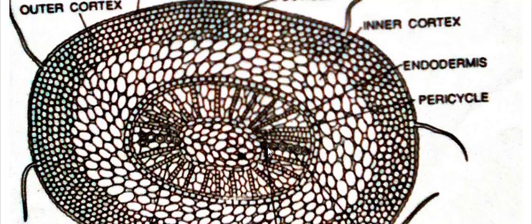Diarch means two xylem groups are present. This is one xylem group, this is another xylem group, this is one phloem group, and this is another phloem group. Xylem groups alternate with the phloem groups, phloem, xylem, phloem, and then xylem.